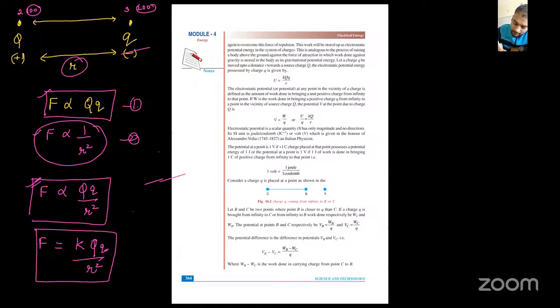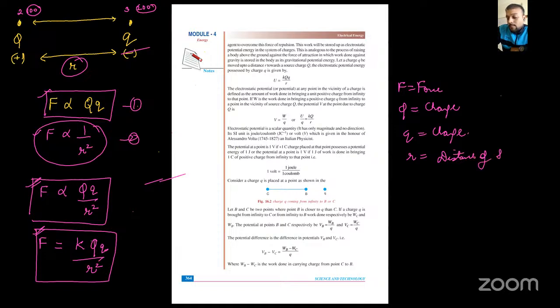This is basically the Coulomb force, in which F stands for force, capital Q stands for a charge, any charge, small q stands for another charge, r is the distance of separation, and k stands for 9 into 10 to the power 9 Newton meter square C to the power minus 2.